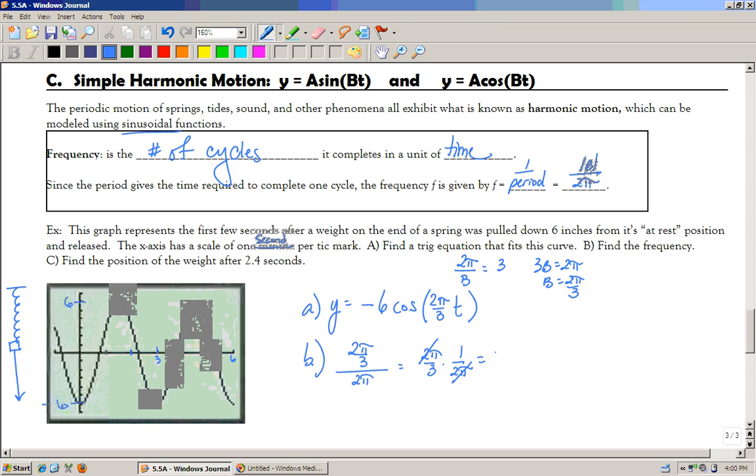Plug that in your calculator, and you're going to get negative 1.85. The notes for the other positions we'll do in class.